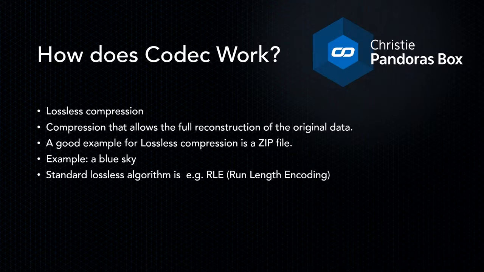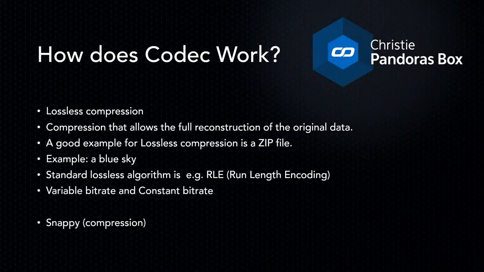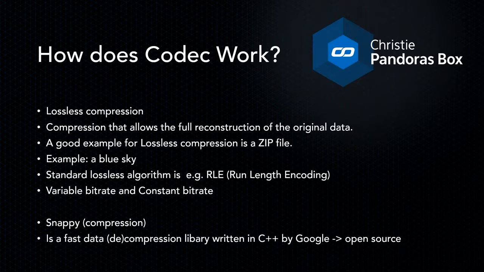There is also Snappy compression, a very fast data compression and decompression library written in C++, developed by Google, and it's now open source, so everybody can use it. So the main things for this topic for codecs will be lossless compression and Snappy compression.